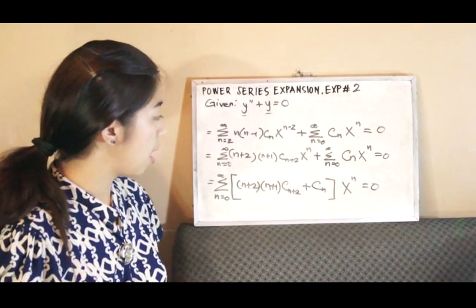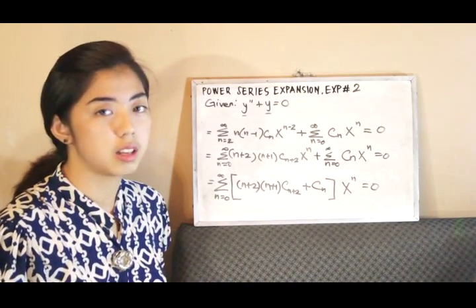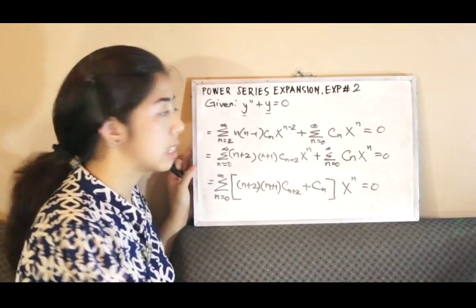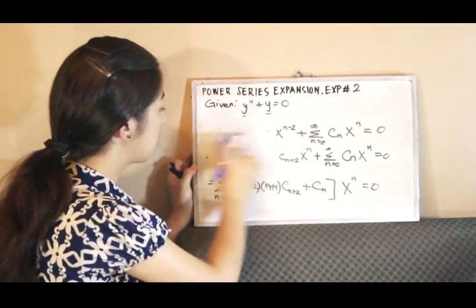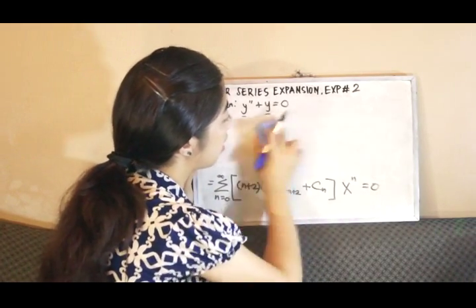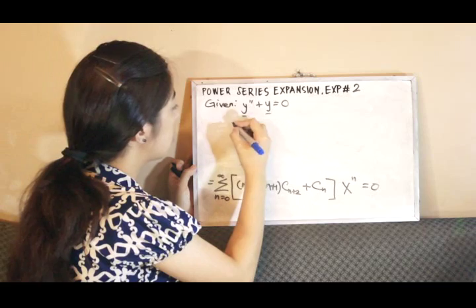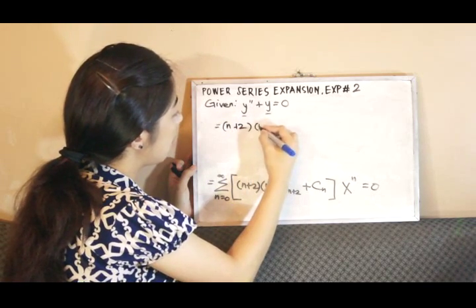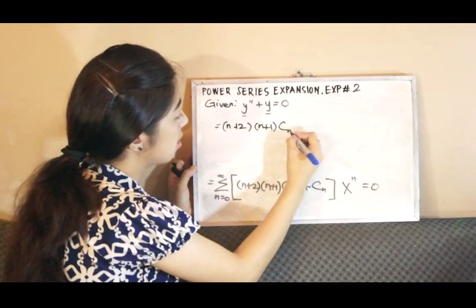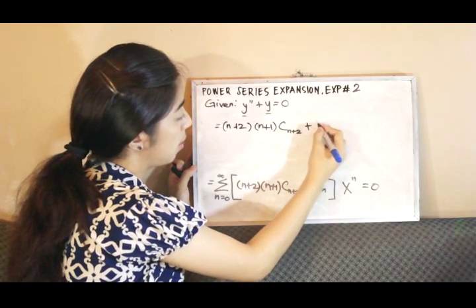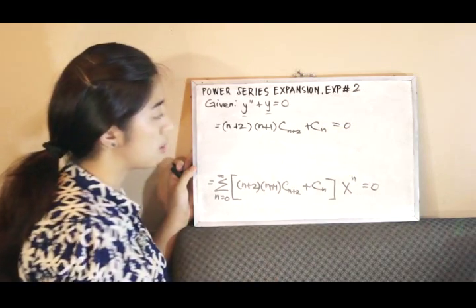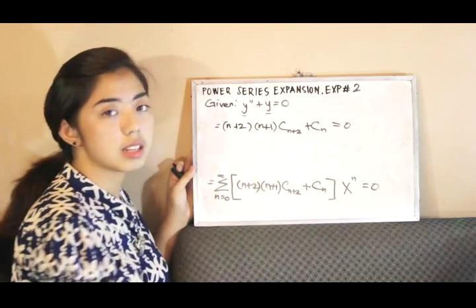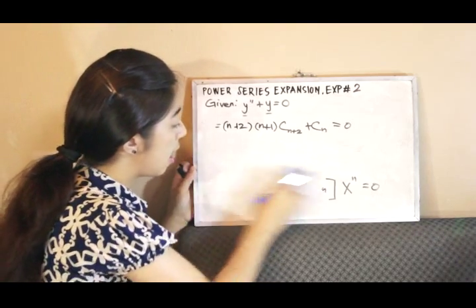So now we can perform the recurrence relation of this differential equation, where x raised to n is not equal to 0. So we will write that as n plus 2, n plus 1, c sub n plus 2 plus c sub n is equal to 0. We are going to find the coefficients by the largest index, or the high index, n plus 2.